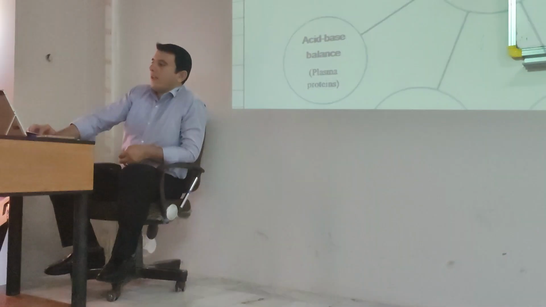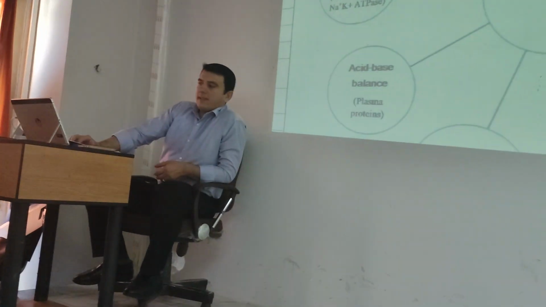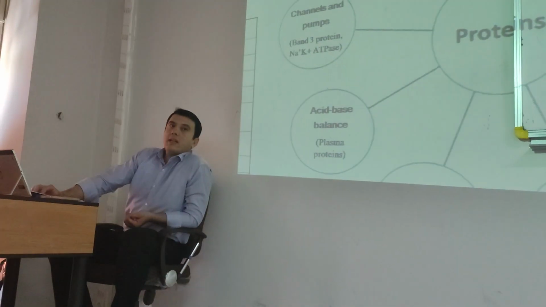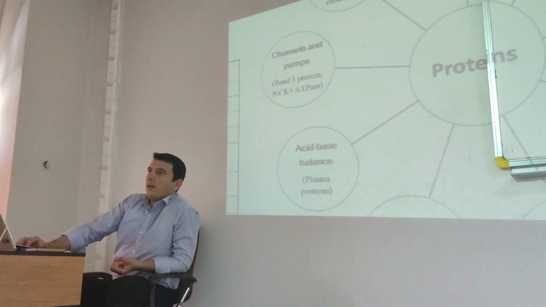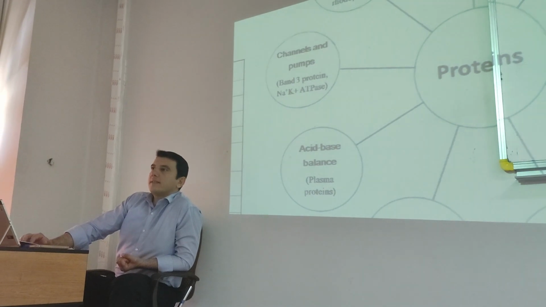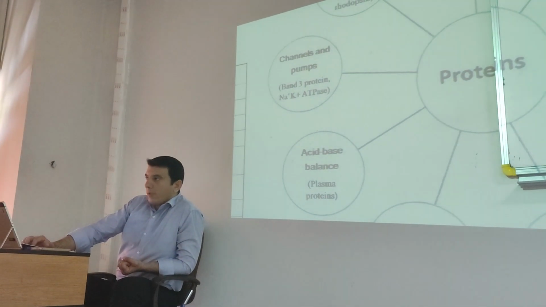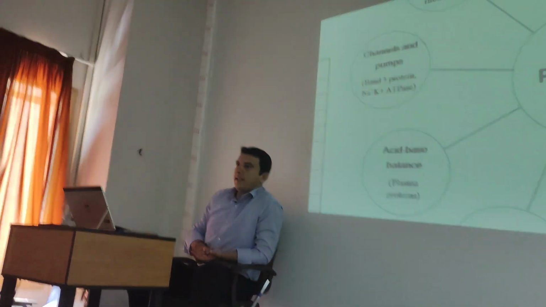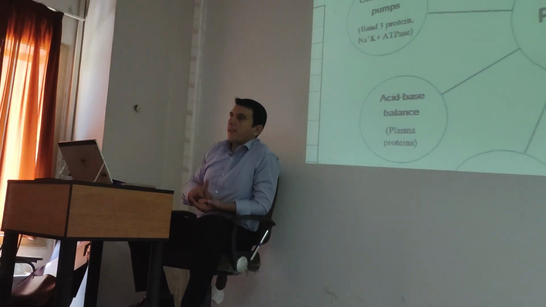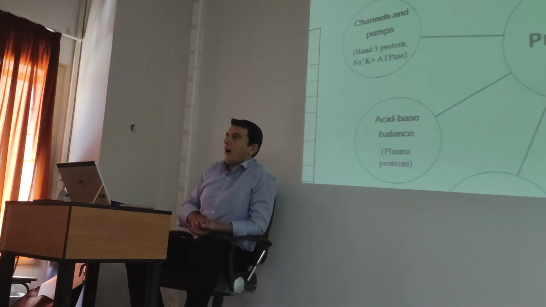Proteins are involved in acid-base balance because plasma proteins and amino acids, also hemoglobin, are buffers. Like plasma proteins and amino acids, for example, hemoglobin and other amino acids are buffers.